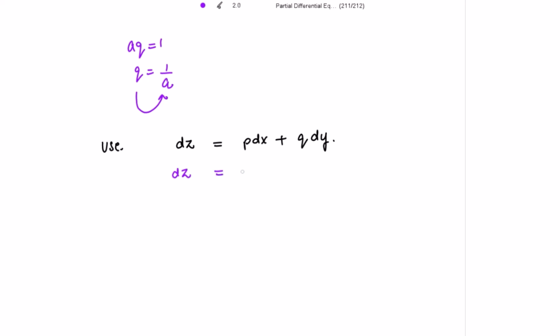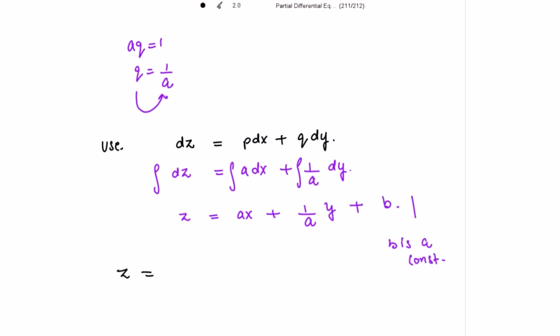So dz is equal to a dx plus 1 divided by a dy. Integrating, we get z equal to ax plus 1 divided by a into y, plus the constant b. So z equal to ax plus y divided by a plus b is the required complete integral.